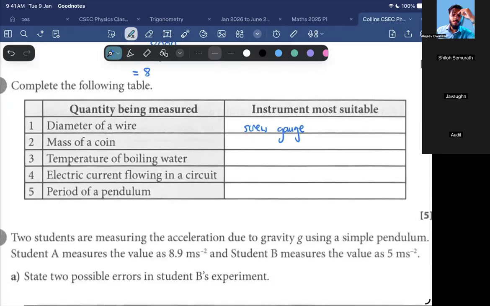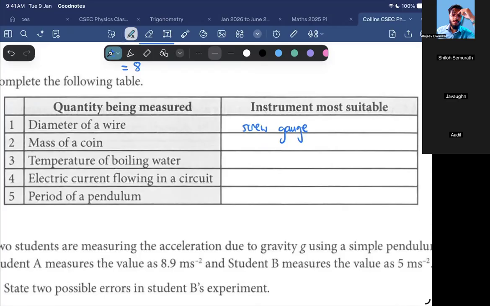We want to measure the mass of our coin. Electronic balance. Okay. Electronic balance. What's the proper name for it? The triple beam balance. Say that again. Triple beam balance.